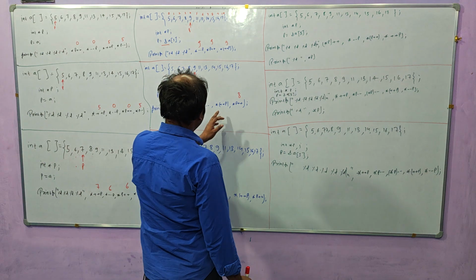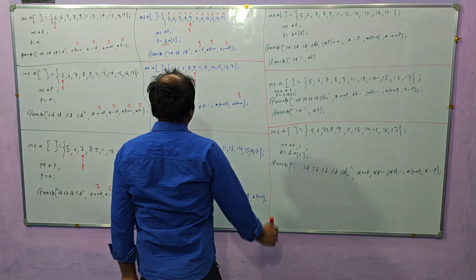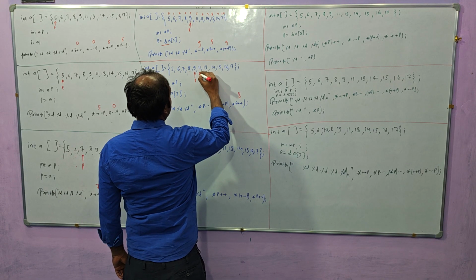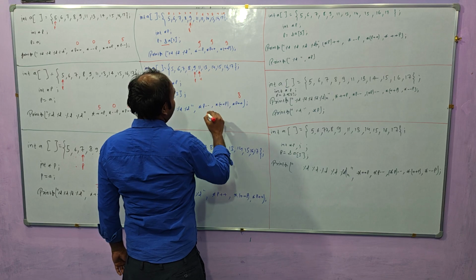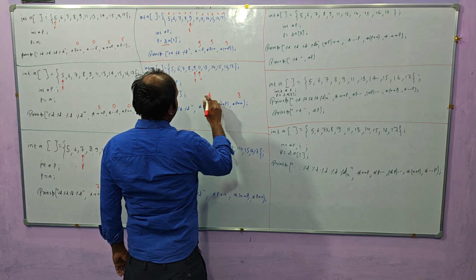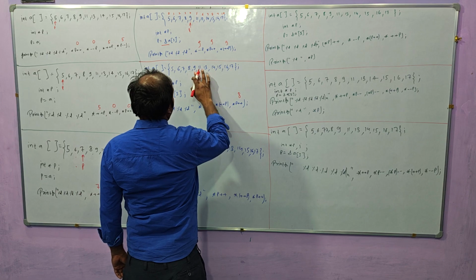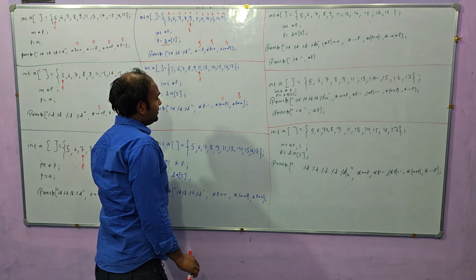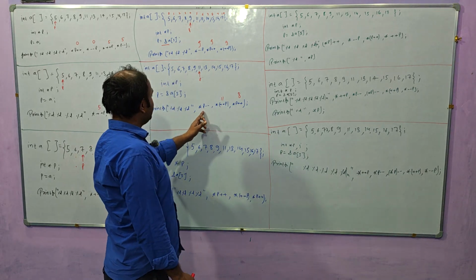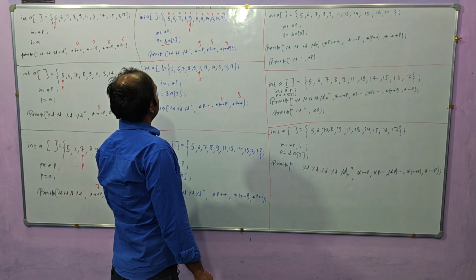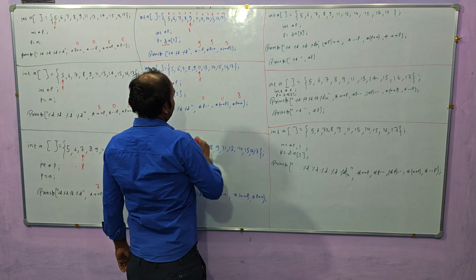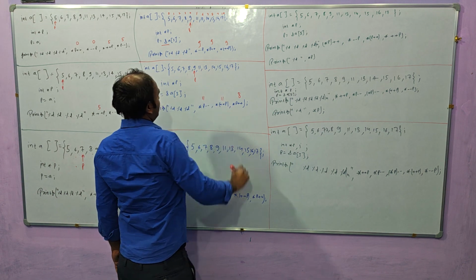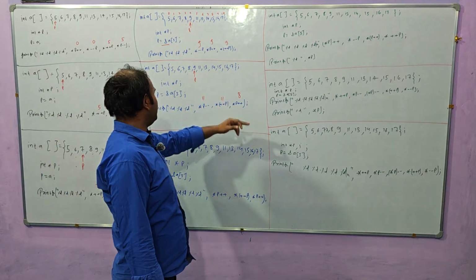Now *(++p): firstly it comes to 11 and points to 11, and when we apply the star it gives value 11. Now *p--: firstly it gives value 11 and points to 9. So we have values 8, 11, 11.